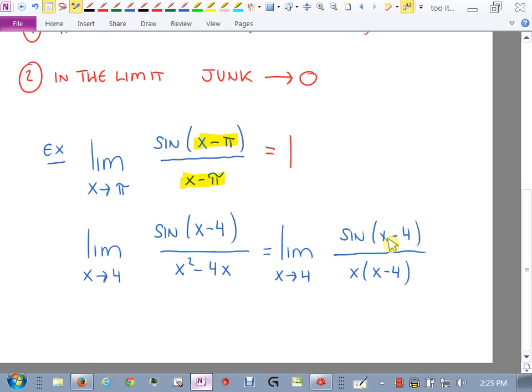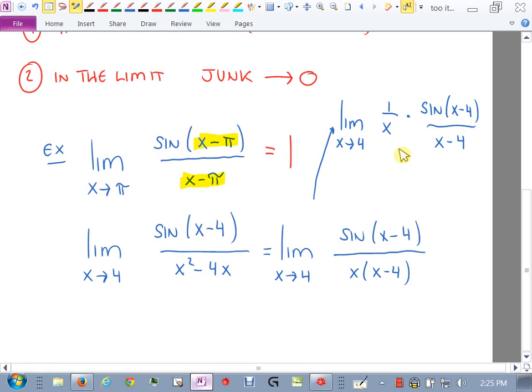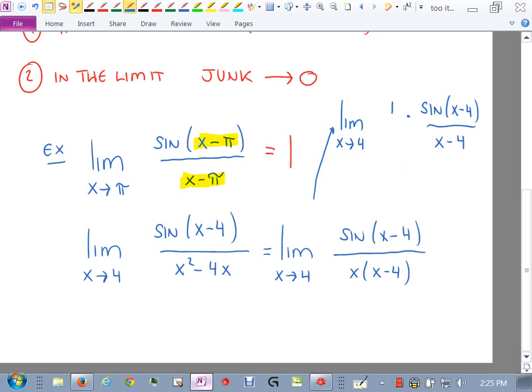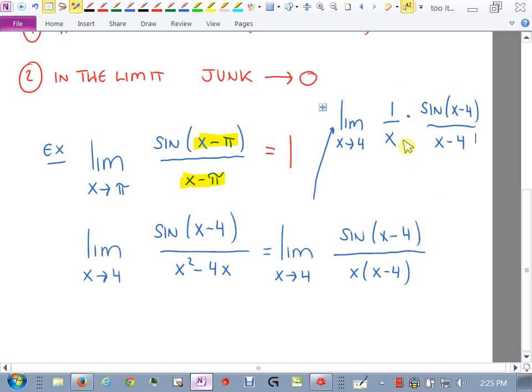But what you could do is rewrite this as limit as x goes to 4 of 1 over x times sine of x minus 4 over x minus 4. Do you agree with that? That's just multiplication of fractions, right? If I multiply this fraction times this fraction, you just go straight across, so you get back to here.